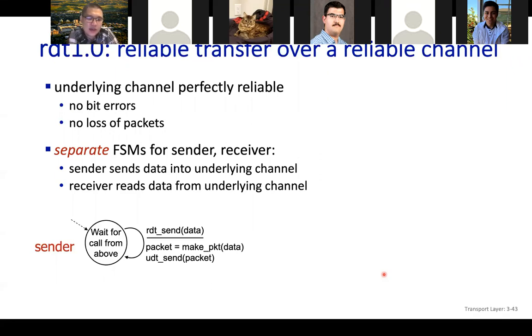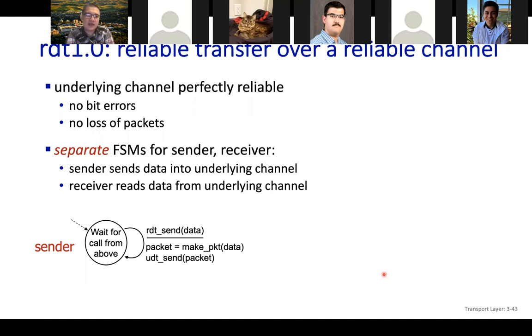What kind of condition can trigger a state change? Here the state change would be based on the reliable data transfer protocol sending the data. The application above, let's say, since we always mention above is the application, calls this rdt_send, and this protocol sends data, and the FSM state will change.